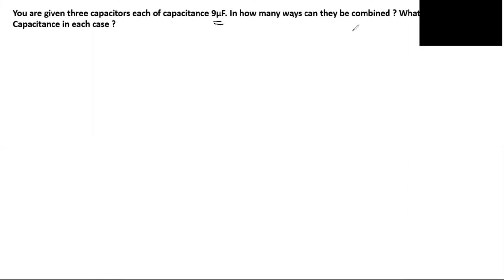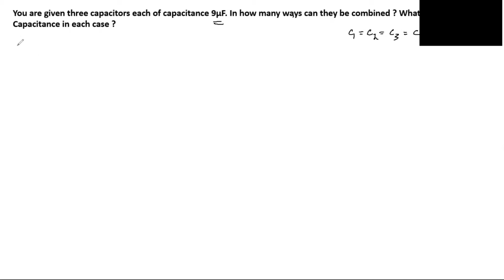Since C1 equals C2 equals C3, we can take it as C, having this 9 microfarad. You have to find out in how many ways all these three capacitors can be arranged, and what should be the value of the effective capacitance.